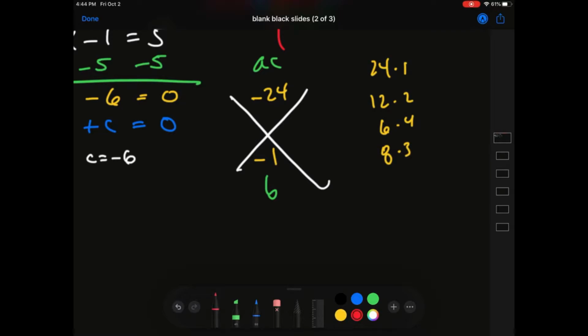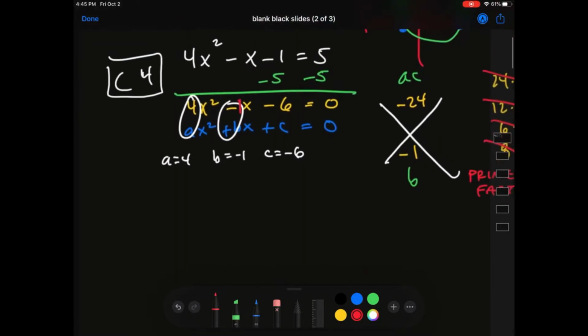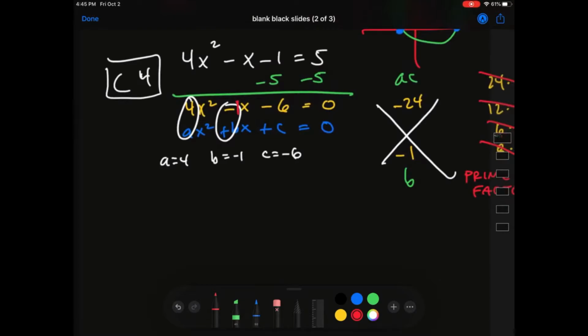Can I put any combination there and then change them to positive or negative? Will that work? Well, they cannot add to 1, not add to 1, not add to 1, not add to 1. So it's prime. Prime factorization basically means you cannot factor it. So what does that mean? We're going to have to use the quadratic formula.